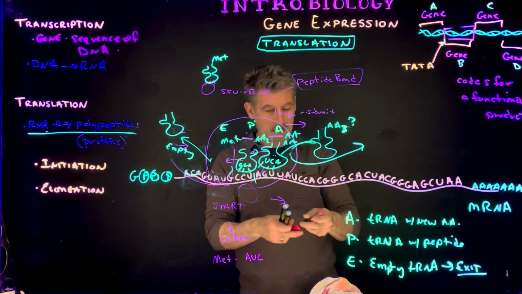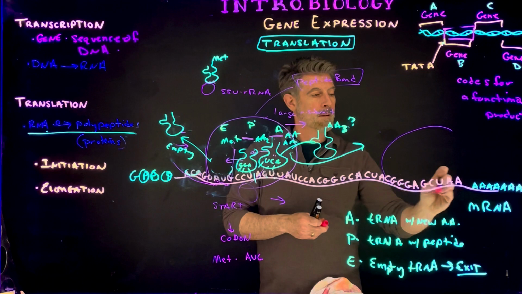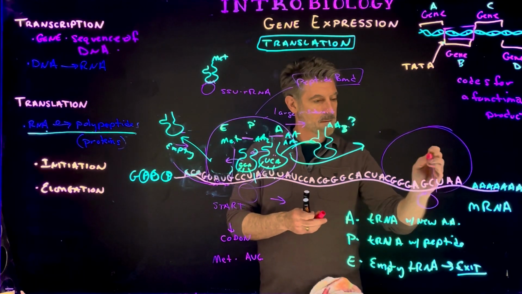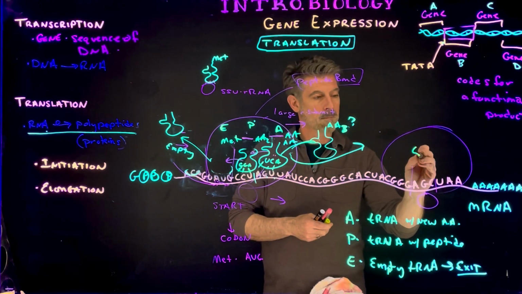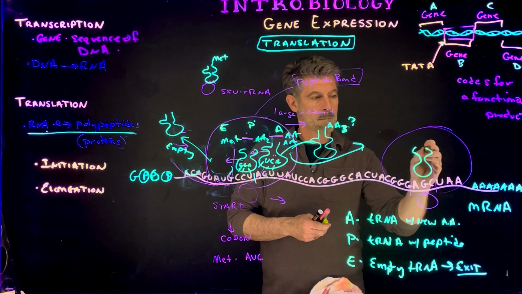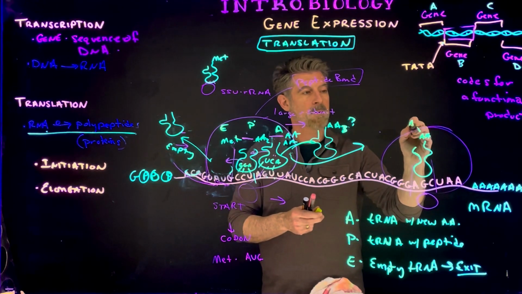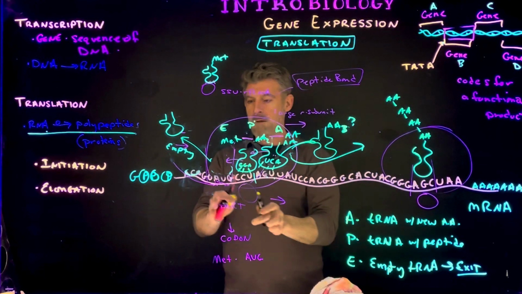Eventually, after building a long polypeptide, the ribosome will come to a place where we have all these amino acids attached to it. Let's see, how many would we have here?